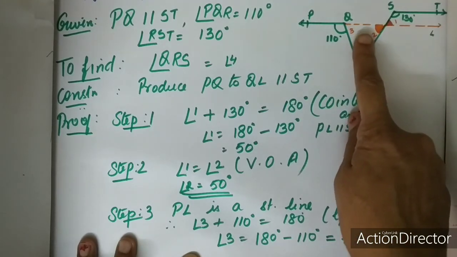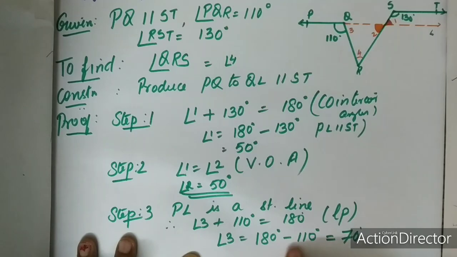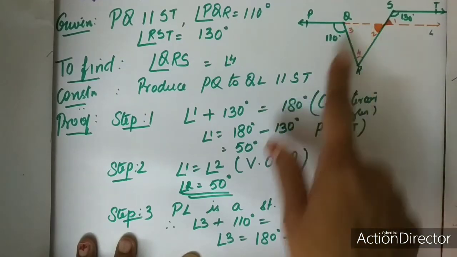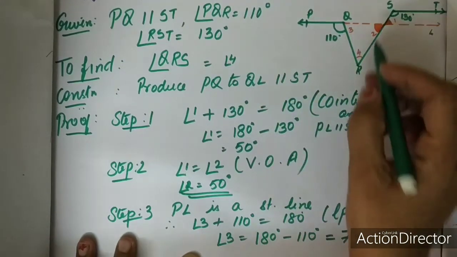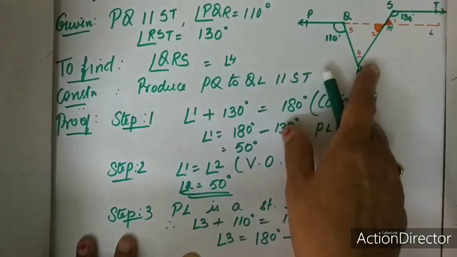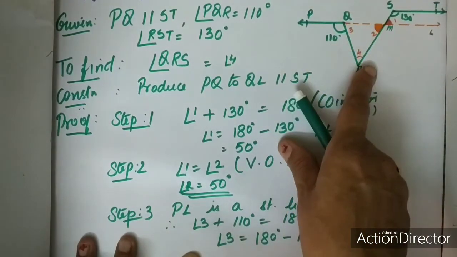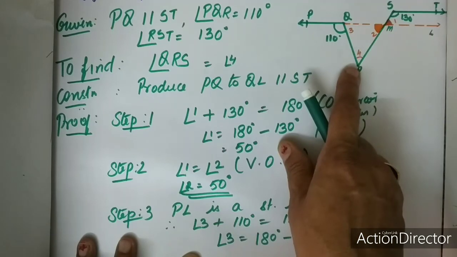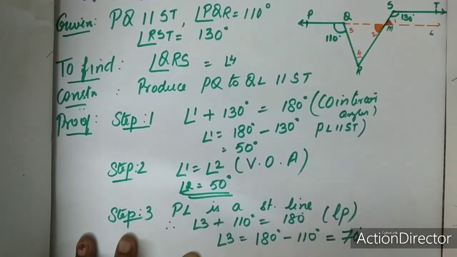So angle 3 will be equal to 180 degree minus 110 degree, which is equal to 70 degree. Now if you are going to consider this triangle, you can name this as PQRM, this is forming a triangle. In this triangle, you know two angles. I can find the third angle by angle sum property.